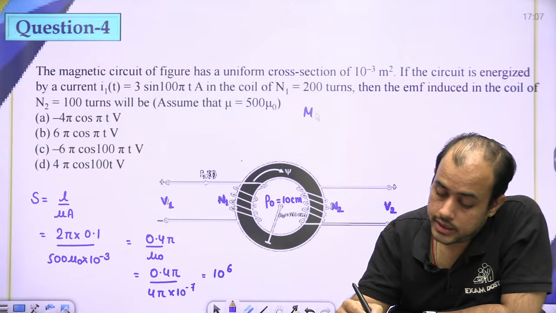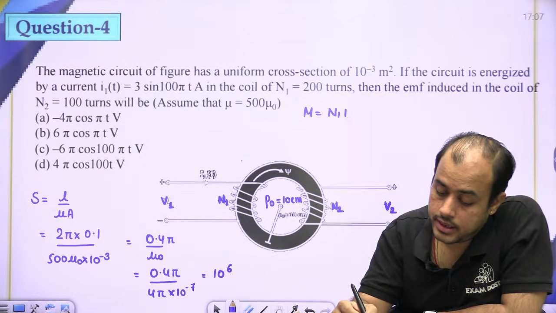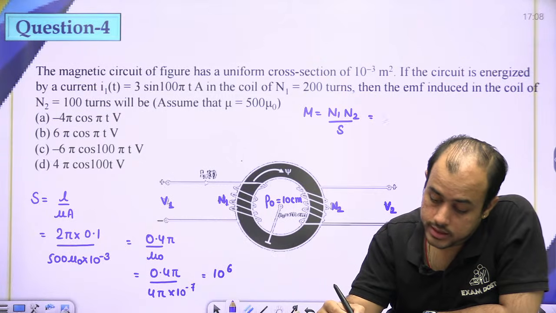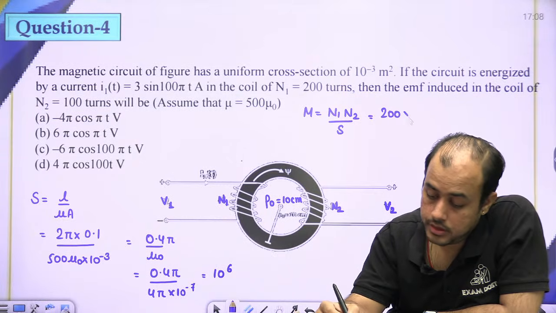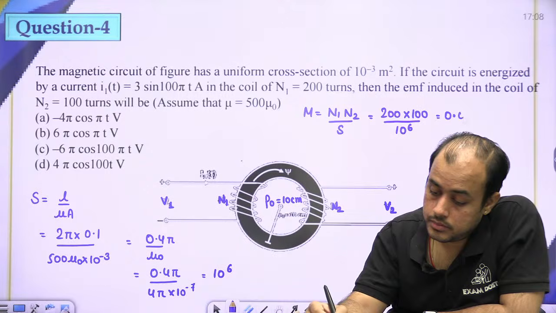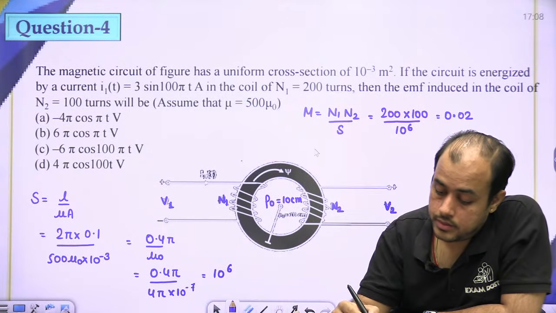Now mutual inductance is N1 N2 by reluctance. So N1 N2 are 200 100.